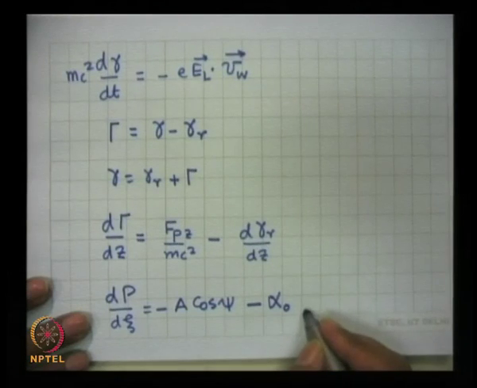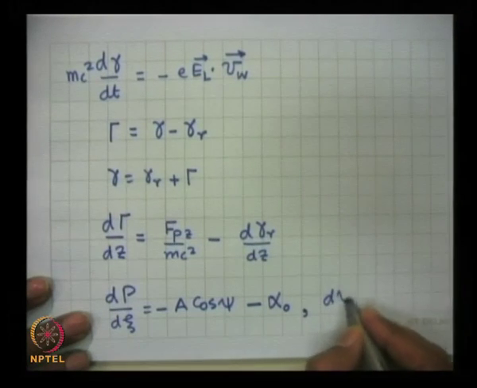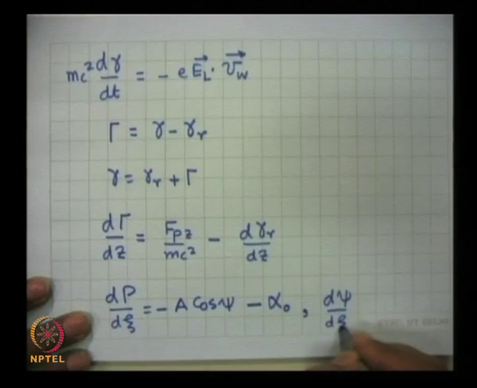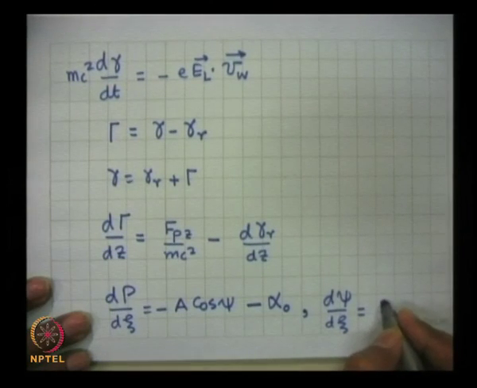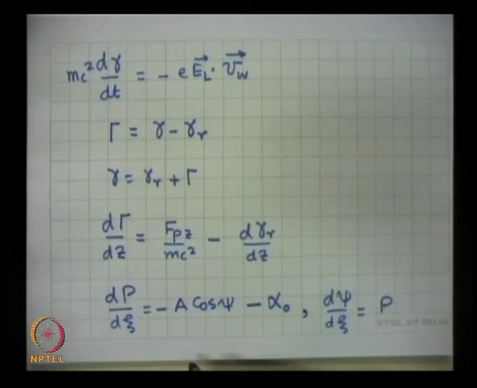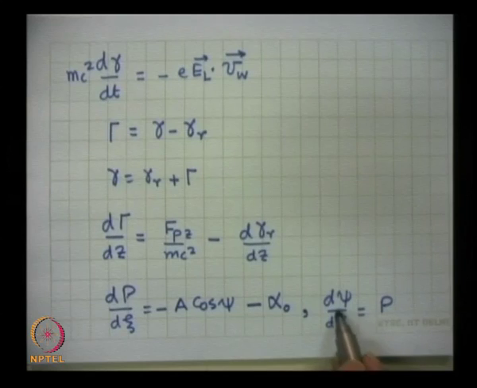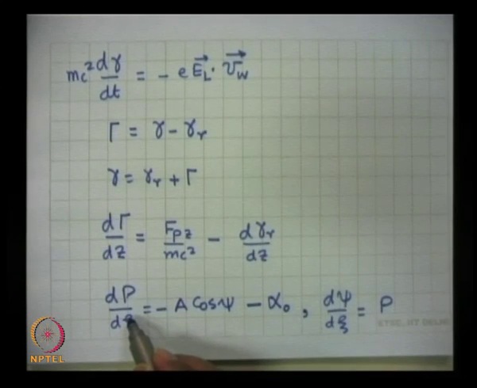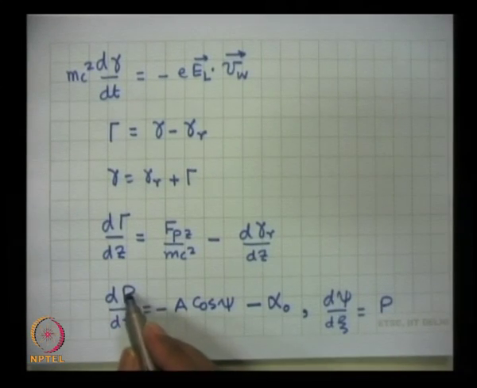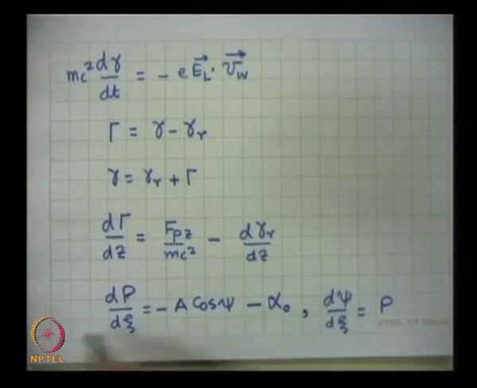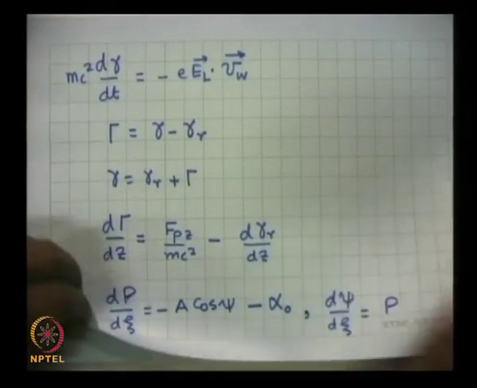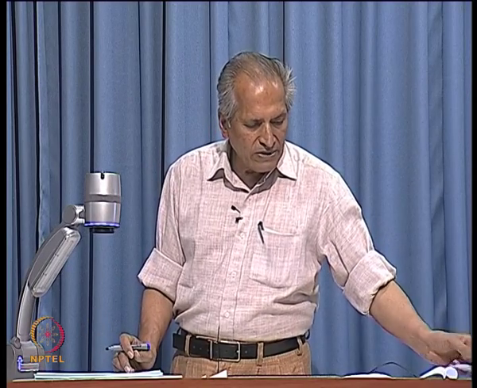And the equation governing psi is d psi by dz is equal to p. So, basically there is a change that occurs in this set of equations through this quantity alpha 0. You can combine these two equations to obtain dp by d psi and integrate that equation, and what you get is this.